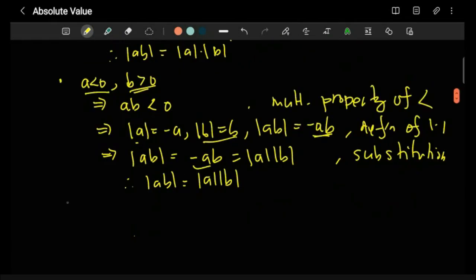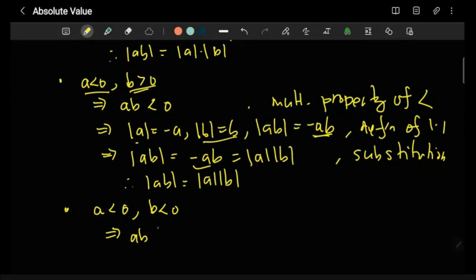And then the last case, A is less than 0 and B is less than 0. So we have AB. Since A is negative and B is negative, then negative A is positive and negative B is positive.